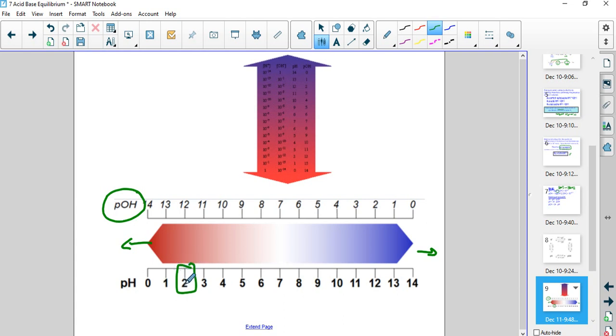A pH of 2 would mean a pOH of 12. So it's just the opposite. A high pOH tells us that it is actually an acidic solution. Low pH tells us acidic as well, right? So it's just the opposite between pH and pOH.